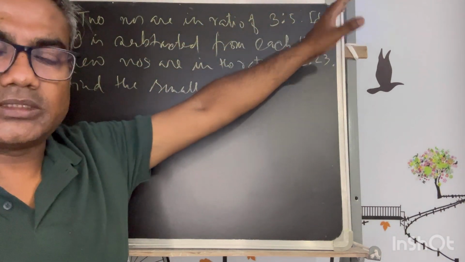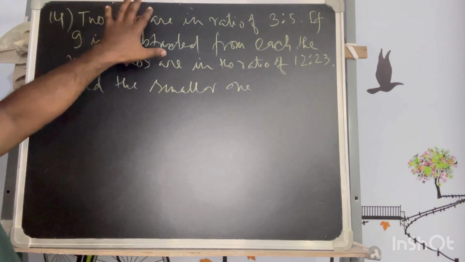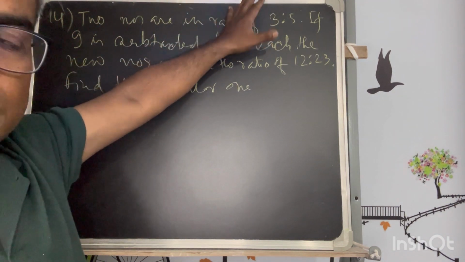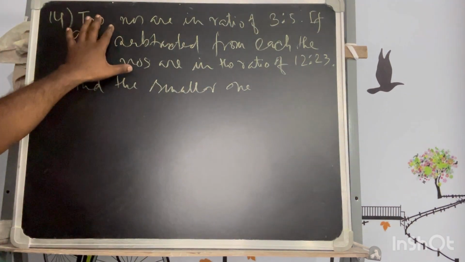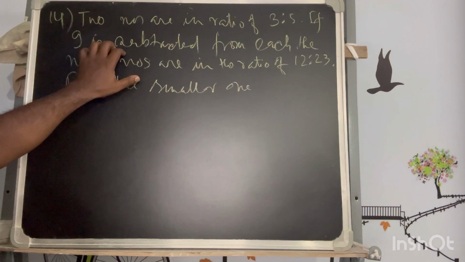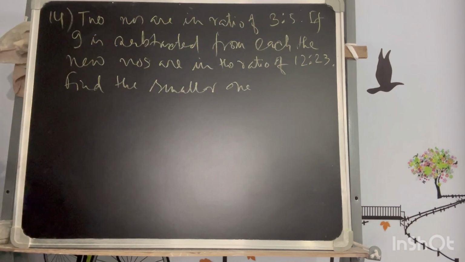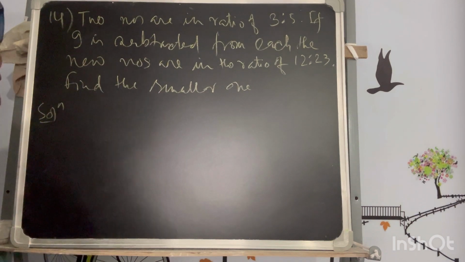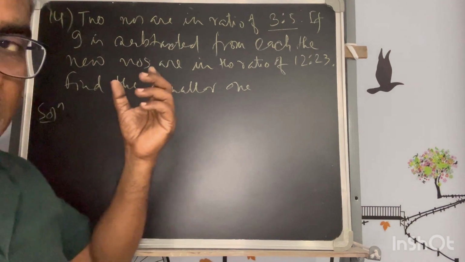In that case, 60 liters was given, so we could calculate exactly what the numbers are. But here only the subtraction, the initial ratio and the final ratio are given, so there is one piece of information missing. So what will we do in this case? We know any common factor to this will convert it to the actual quantity.